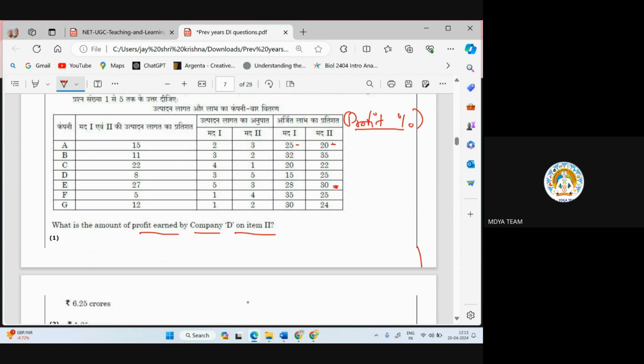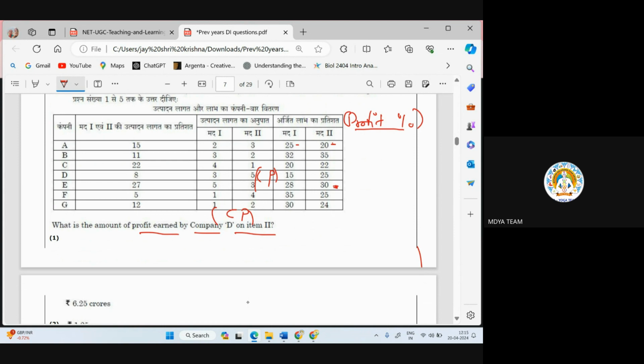With the help of this table, you will calculate the cost price of any item produced by any company. You can calculate it now. Cost price means the price a company uses in production.